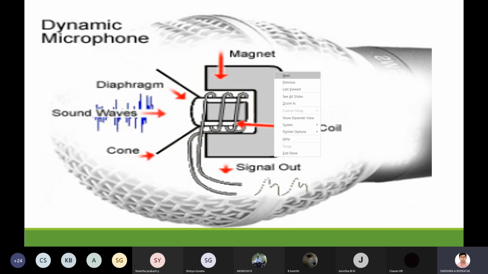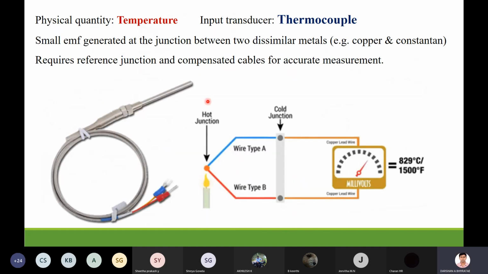Next is the thermocouple. In a thermocouple, we have two junctions: one is called the hot junction, the other the cold junction. The cold junction we also call the reference junction. Why?